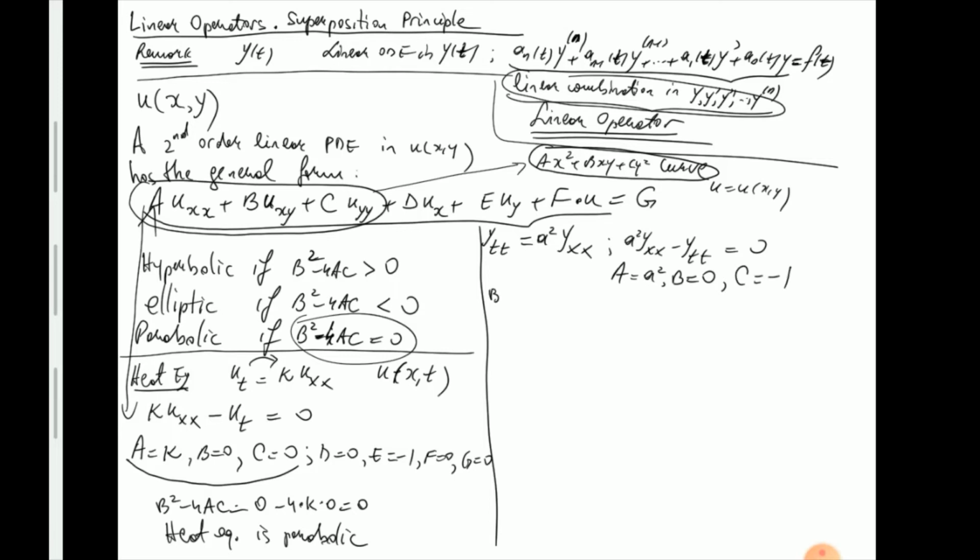And so then b squared minus 4ac equals 0 minus 4 times a squared times minus 1, which is 4a squared, greater than 0. And therefore the wave equation is hyperbolic.